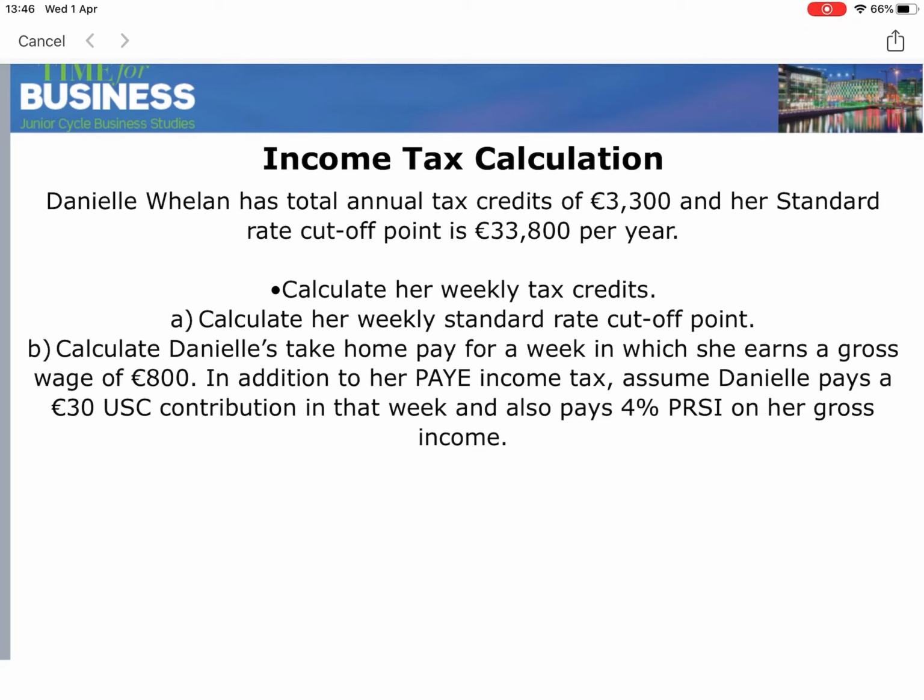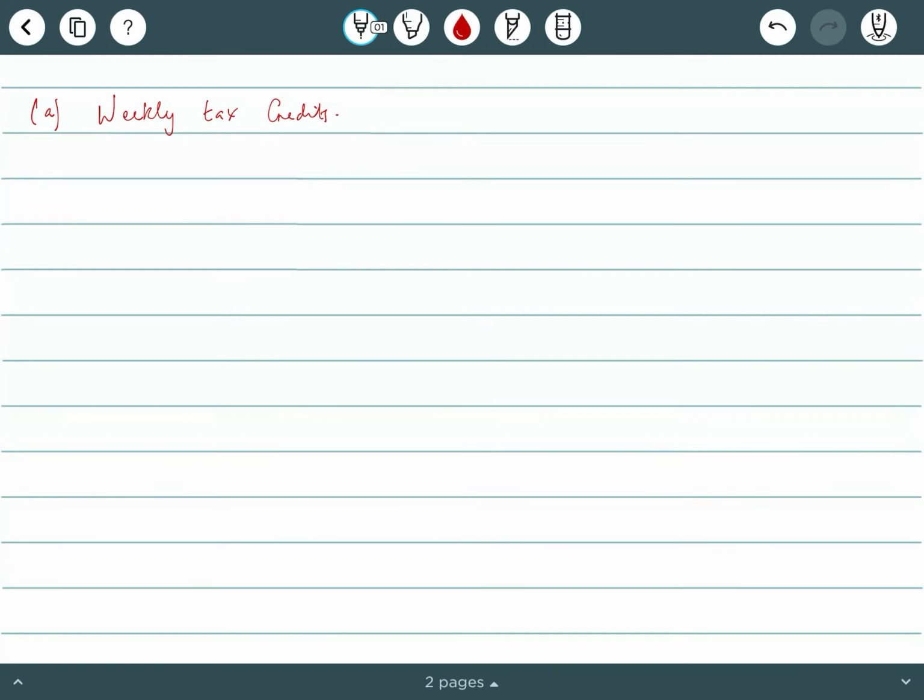So annual, the word annual stands for yearly, it's 3,300. Now we want that for weekly, so I'm going to divide that by 52. Okay, now get the calculators. 3,300 divided by 52 will give us €63.46. So there's your weekly tax credit. That's the first part of the question done.